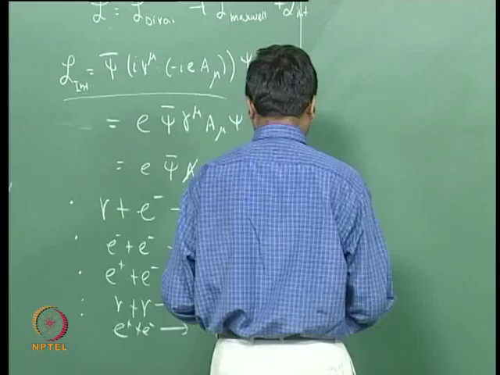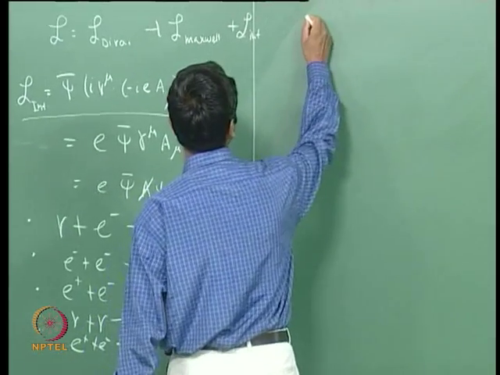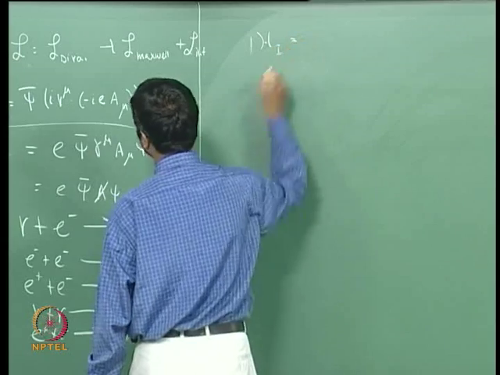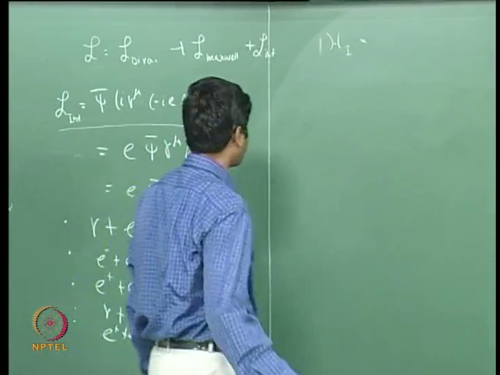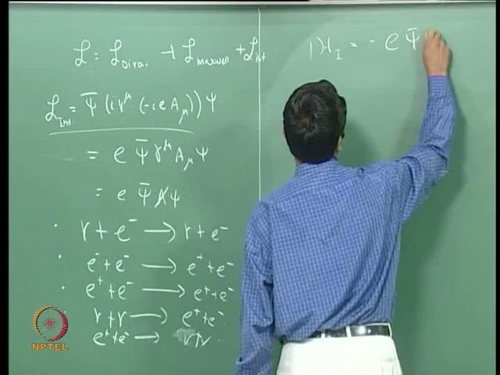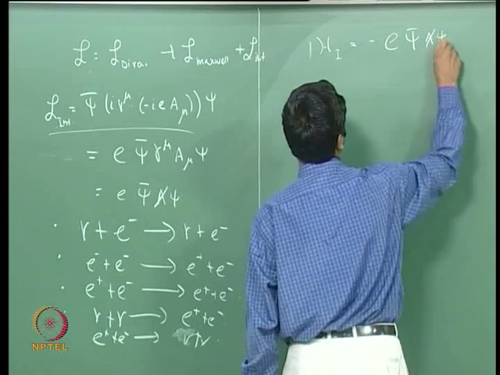So of course, the interacting Hamiltonian density, which I will call H_I, is minus of this: −e ψ̄ A-slash ψ.